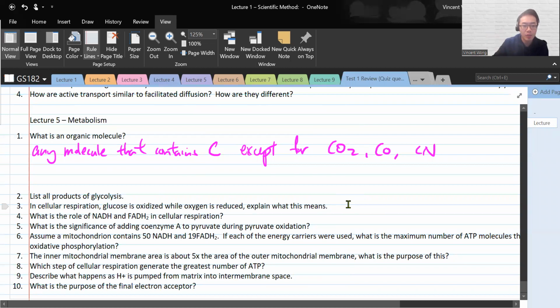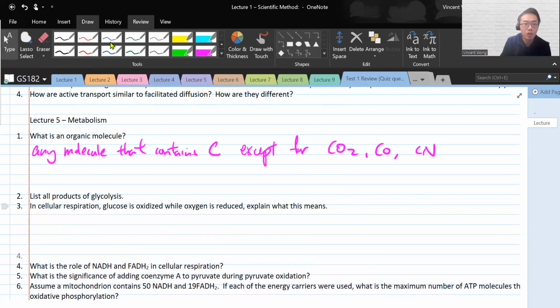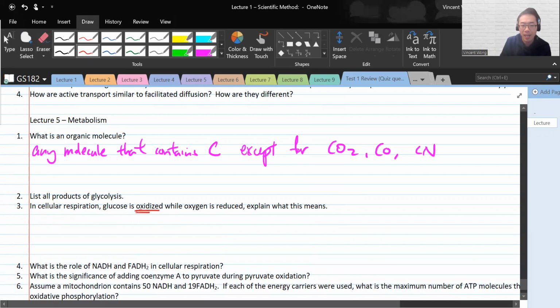In cellular respiration, glucose is oxidized while oxygen is reduced. We talked about this multiple times already. You should know, in general, not just glucose, right? If anything is oxidized, it means it loses electrons. If anything is reduced, it gains electrons. Okay?